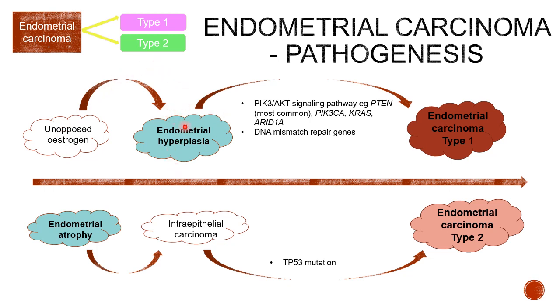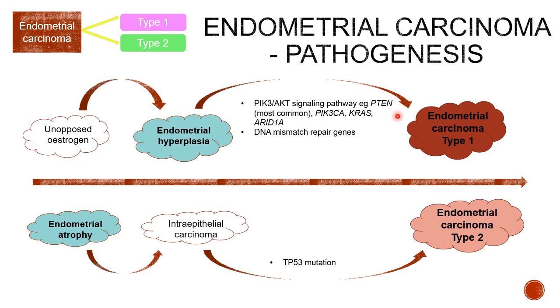Endometrial hyperplasia can then progress to form endometrial carcinoma type 1, as we have mentioned earlier, and this progression from hyperplasia to carcinoma occurs in the setting of the presence of atypia, so endometrial hyperplasia with atypia, and also with accumulation of multiple genetic abnormalities, especially those affecting the PI3K AKT signaling pathway.